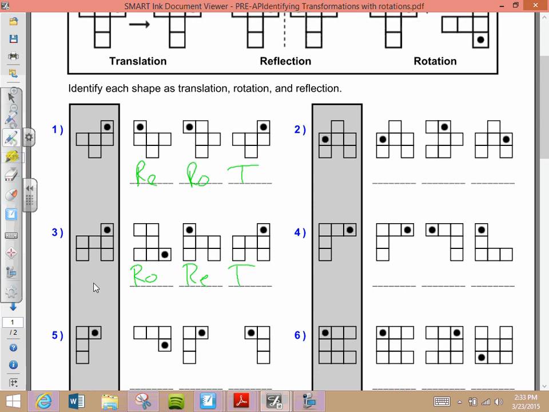Two. So notice how these two look the same, but the dot is on the opposite side? That's what I was talking about. You need to be able to verify that. Yes. Right? What happened?